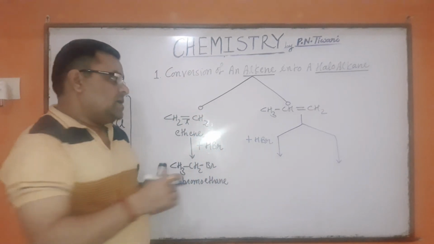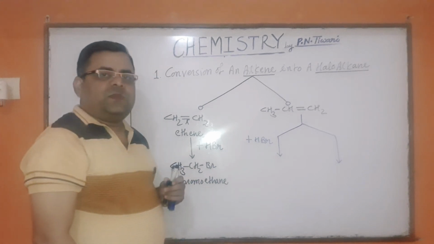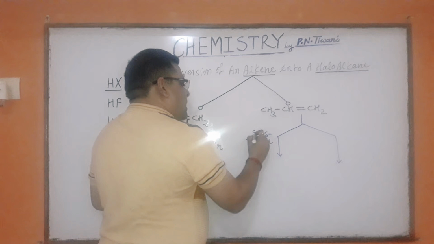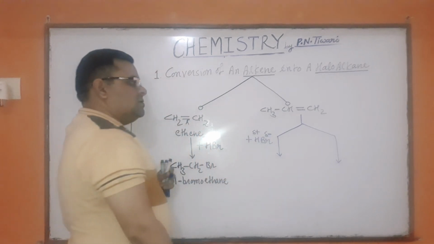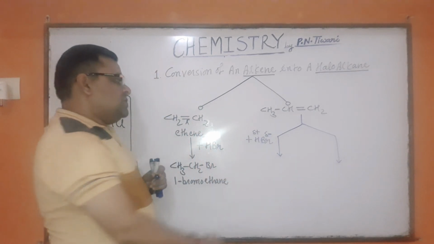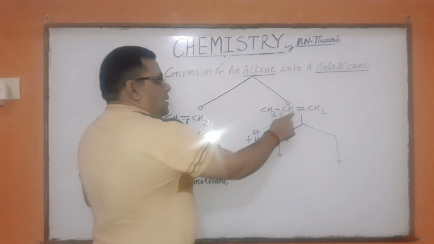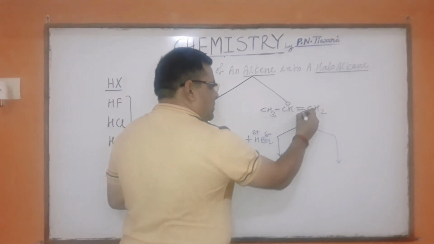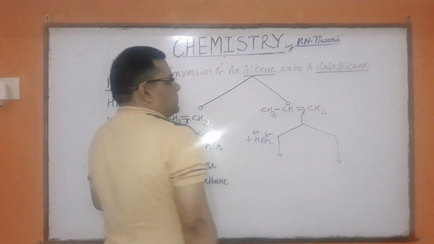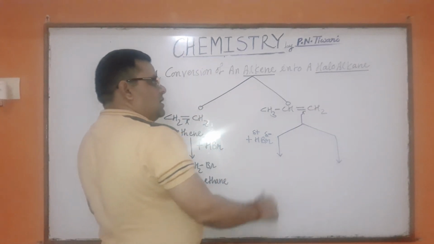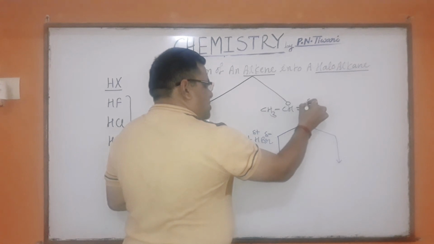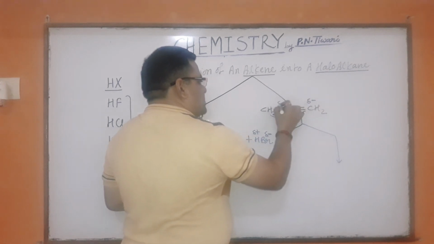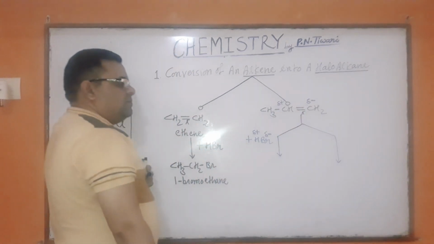You know that HBr is a polar molecule. So in HBr, bromine has a partial negative charge and hydrogen has a partial positive charge. Suppose this bromide attacks this pi bond, then the fission of this pi bond takes place unsymmetrically in such a way that one carbon gets the partial negative charge and the other carbon gets the partial positive charge.